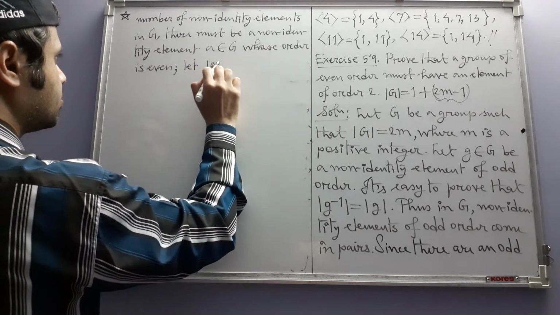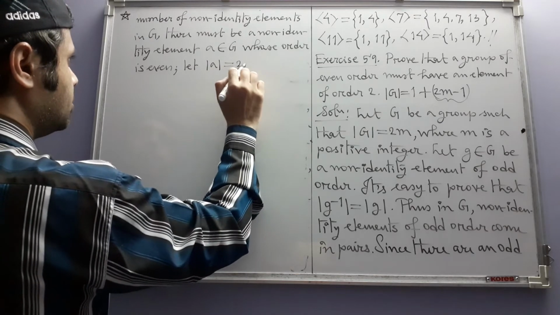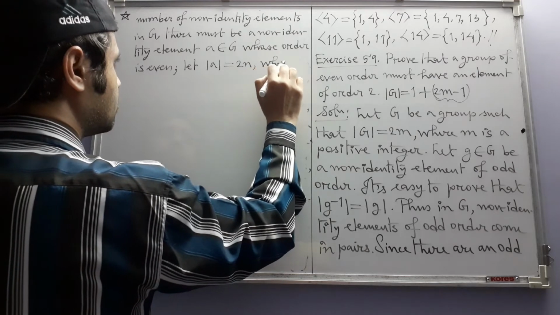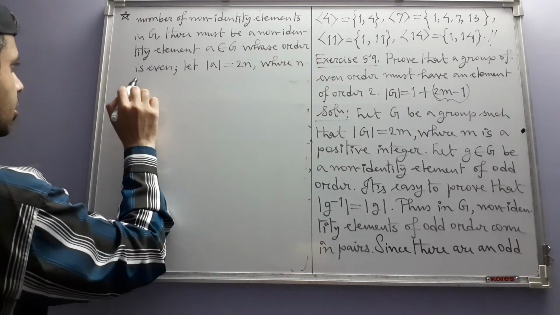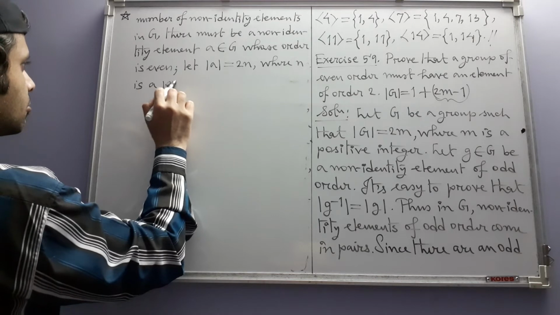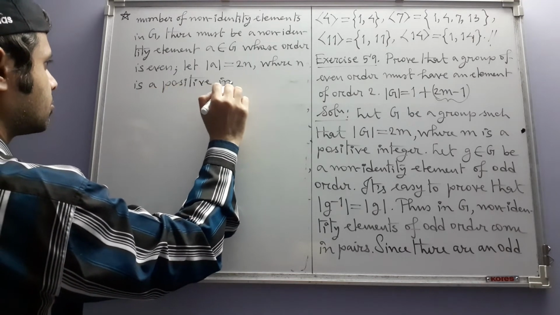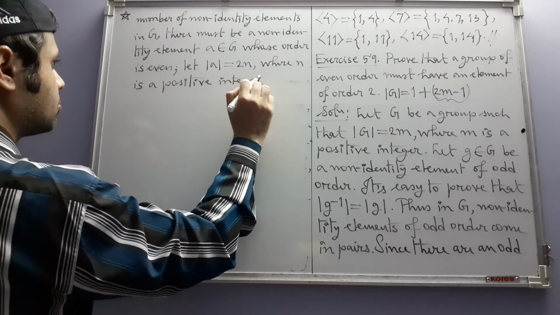Let the order of A be 2n, where n is a positive integer.